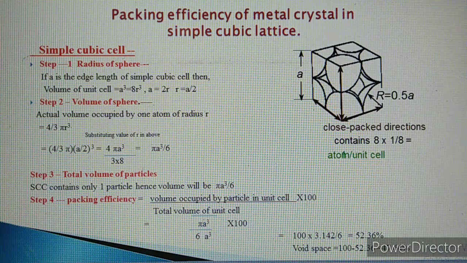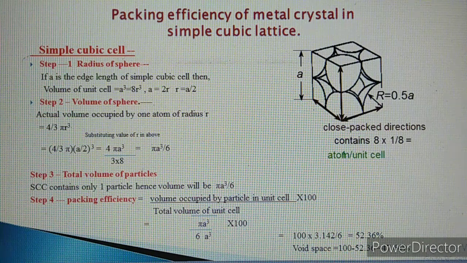And a is equal to 2r, so a cube is equal to 8r cube. So the volume of the unit cell will be 8r cube. Since a is equal to 2r, the radius of sphere r is equal to a upon 2, that is edge length divided by 2.